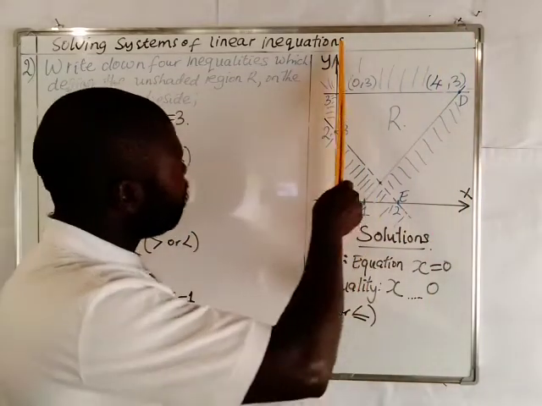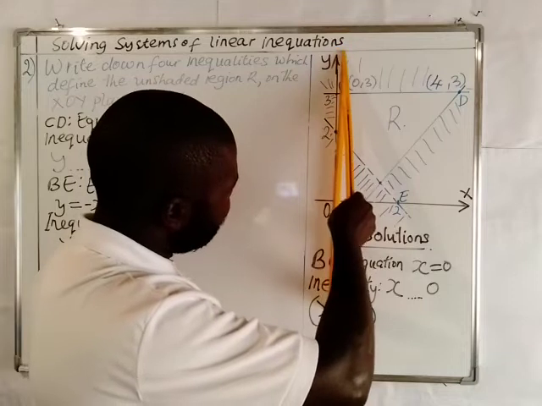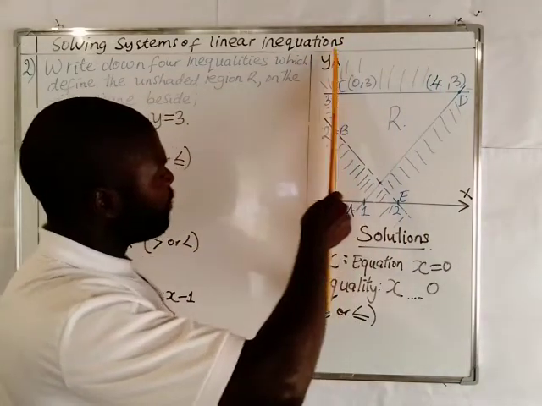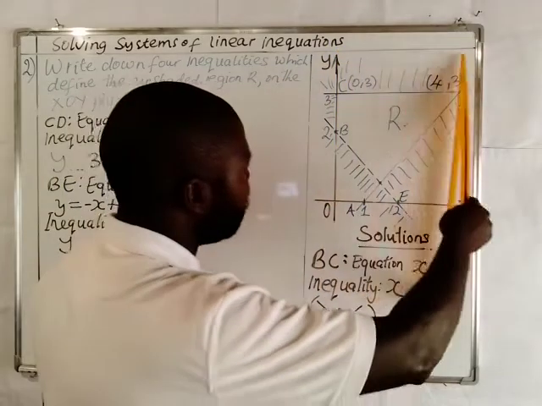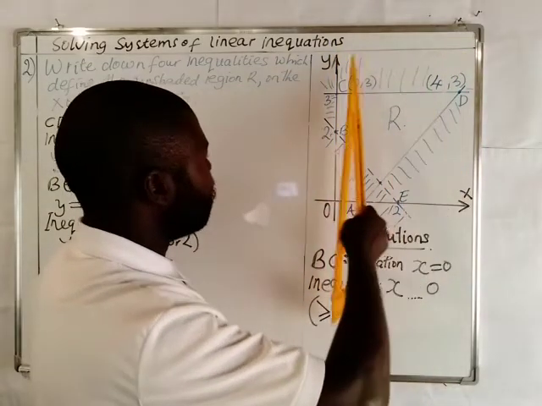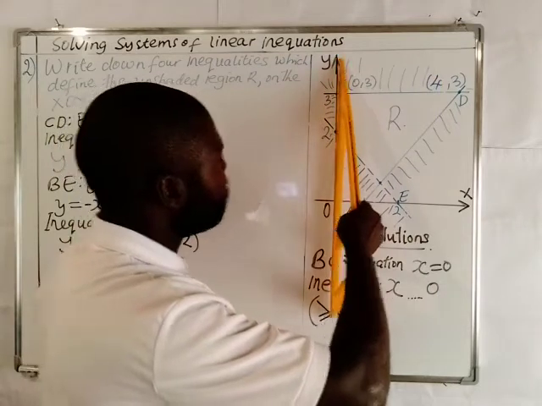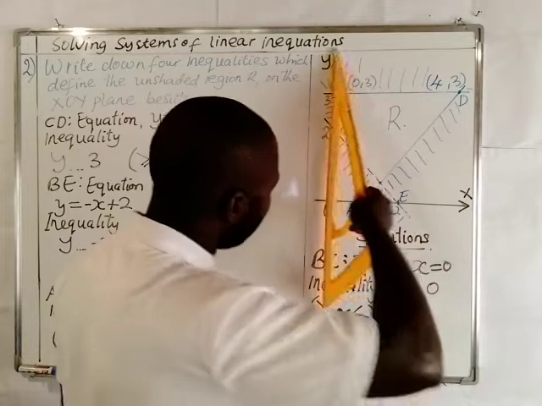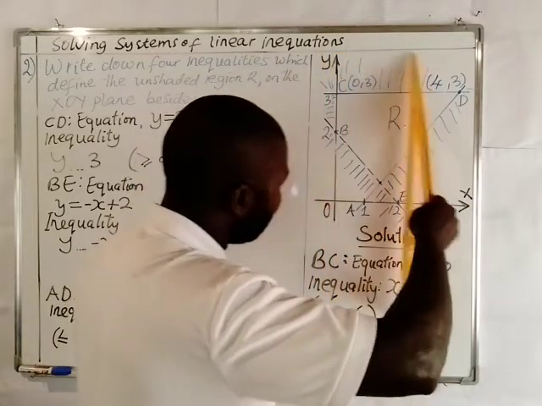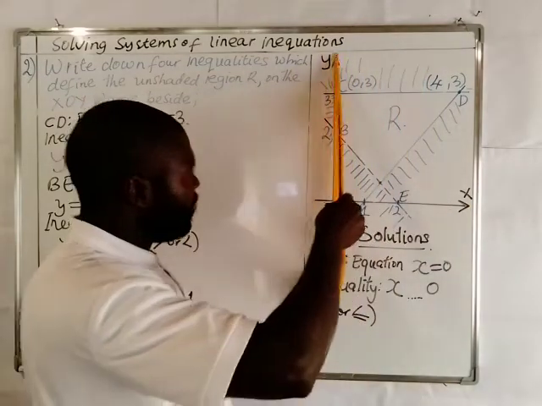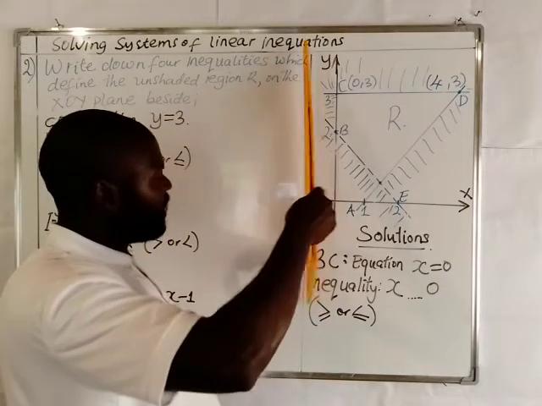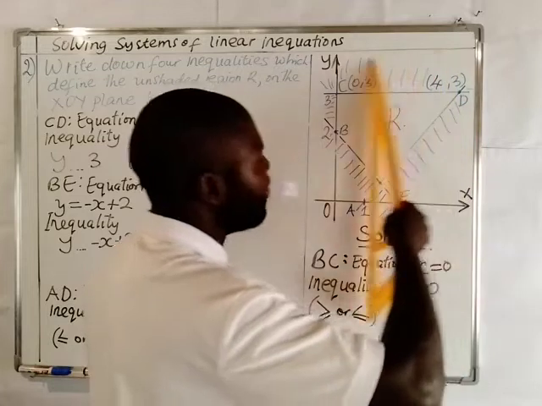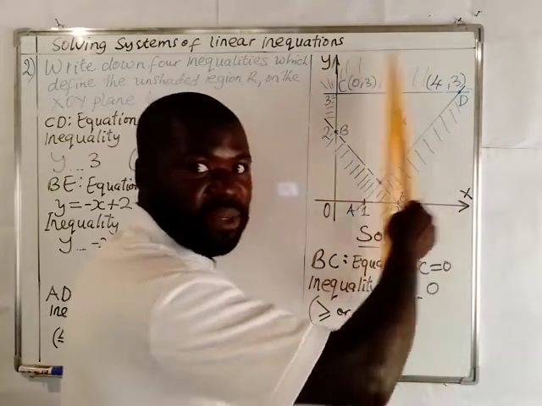When you follow this line along the x-axis, you can see that the numbers on the left of the y-axis are smaller than the numbers on the right of the y-axis. The numbers on the right of the y-axis along the x-axis are greater, and that is where our region of interest lies.